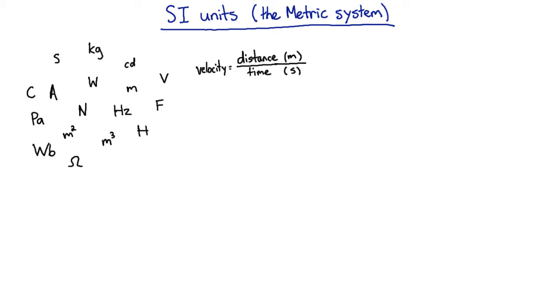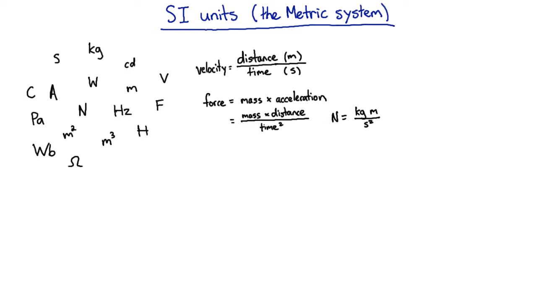And in fact, there are lots of relationships between all these different units. For example, a newton is a unit of force, and force, we will find, is equal to a mass times an acceleration, which is the same as a mass times a distance divided by time squared. And so the unit has got to be kilograms meters per second squared. And indeed, 1 newton is exactly 1 kilogram meter per second squared.